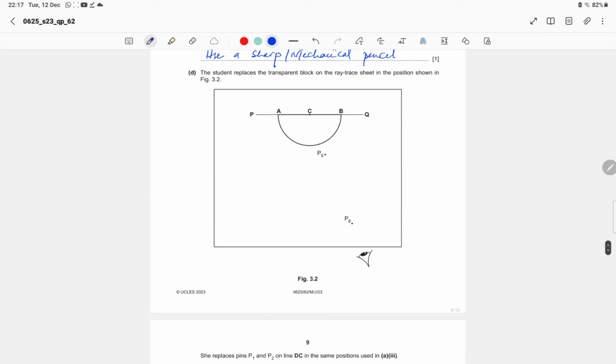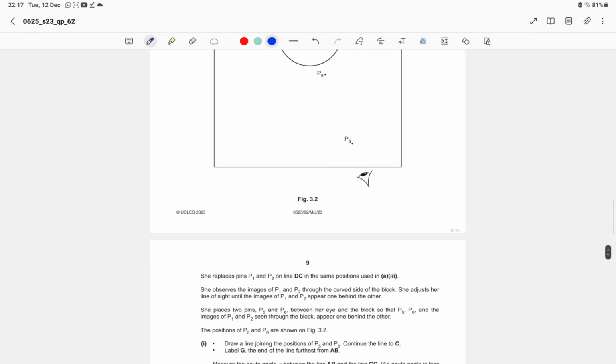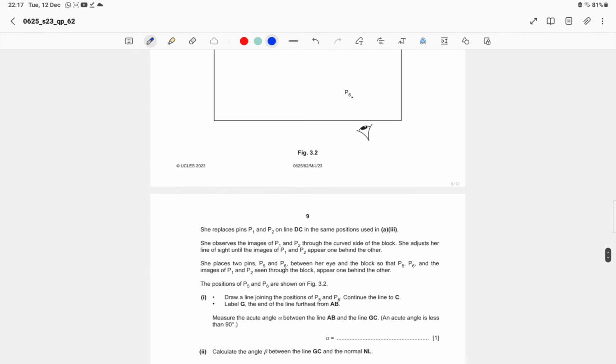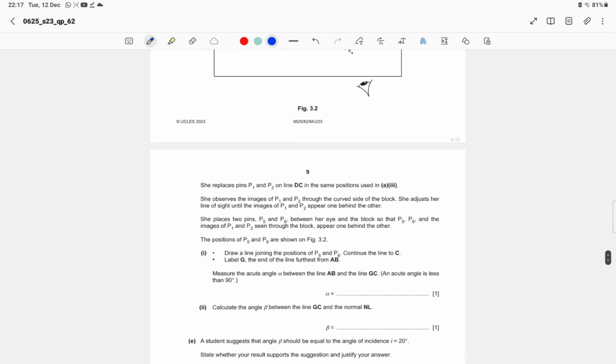Okay, now the student replaces the transparent block on the ray trace sheet in the position shown in figure 3.2. Now what we need to do is she replaces P1 and P2 on the line DC in the same position used in A3. She observes the image of P1 and P2 through the curved surface of the block.